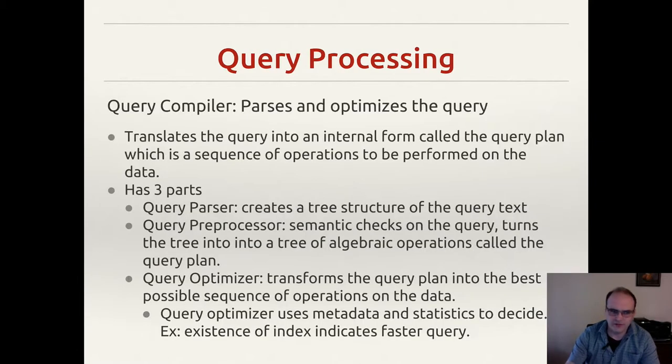So the first piece of this is our query compiler, and its job is to parse and optimize the query. There's 3 kinds of sections that it uses to do this. The first is the actual parser, which is going to take the query itself. So say you have a query like select first name and last name from user, where user ID is less than 100.